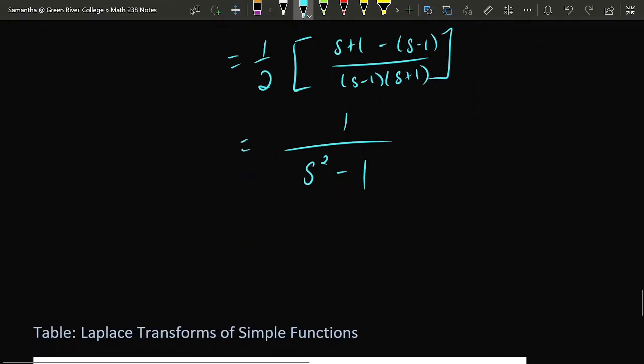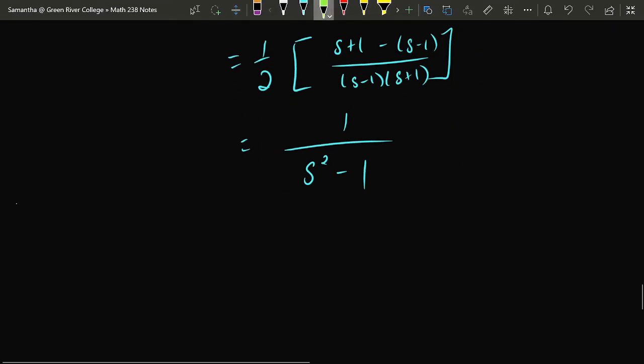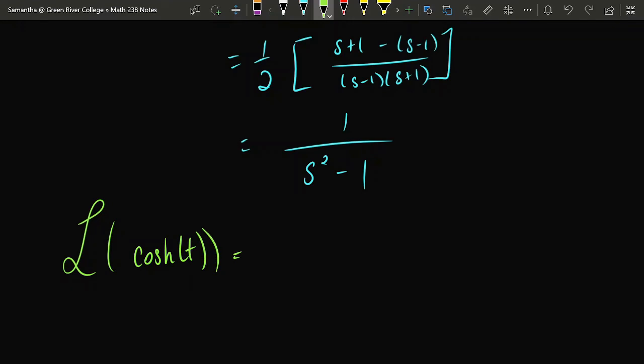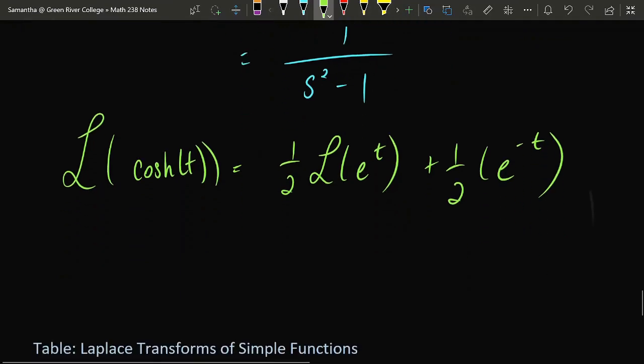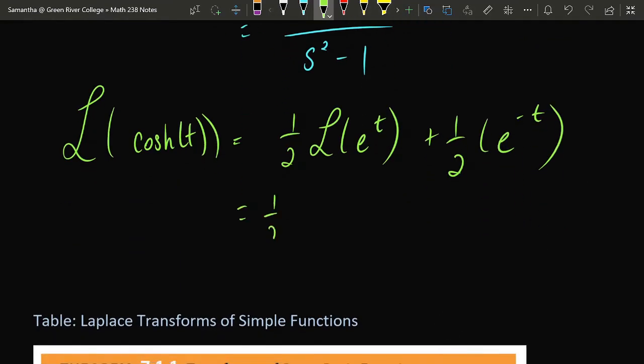Similarly, for hyperbolic cosine, I can find half the Laplace transform of e to the t and add it to half the Laplace transform of e to the minus t. So this would be equal to 1/2 times the quantity 1 over s minus 1 plus 1 over s plus 1.